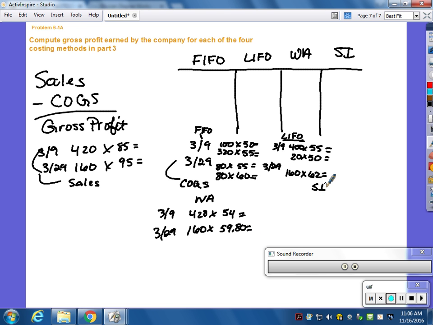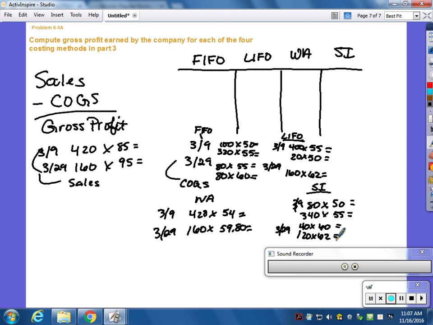And then under specific identification, 3.9, you did 80 at 50, 340 at 55. 3.29 you did 40 at 60, and 120 at 62.